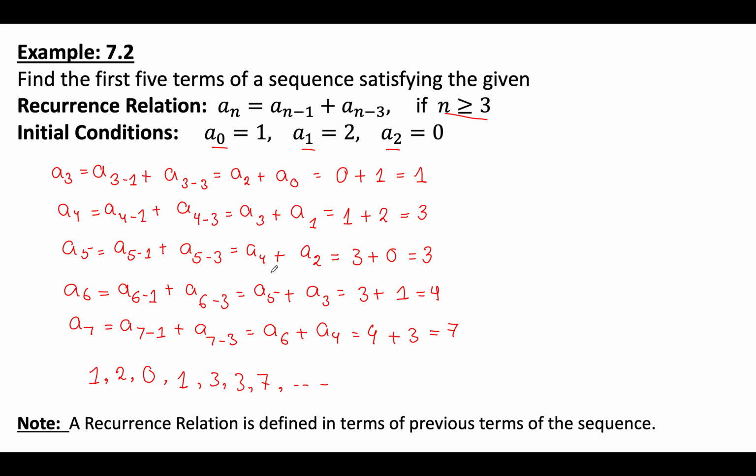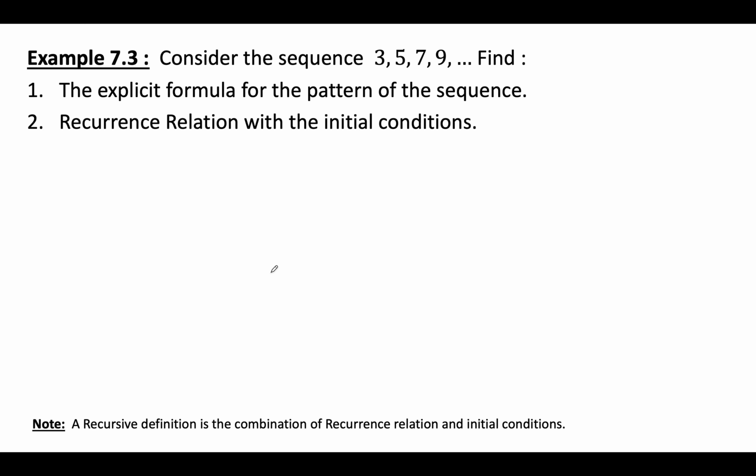All right? Now let's see the vice versa. Let's see if I've got this sequence, am I able to find the recurrence relation or not? And here we will identify a new thing, the explicit formula for the pattern of the sequence.